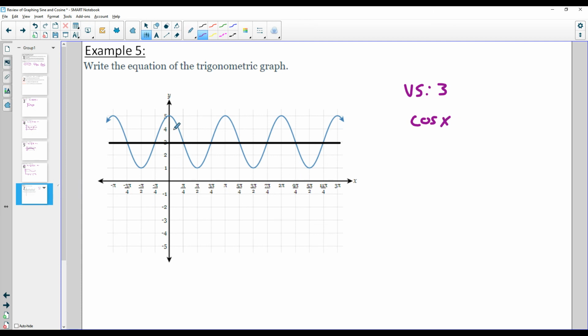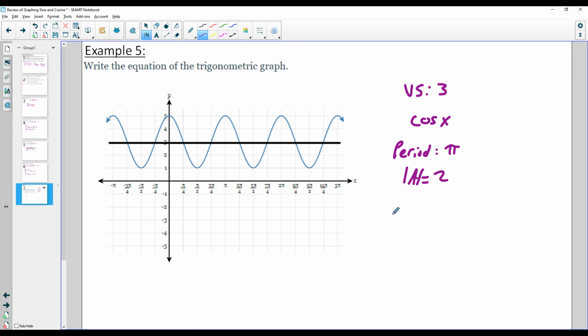What else do we know? After one period, we are at pi, so the period is pi. And then we know the amplitude is 1, 2, because we go 2. So the amplitude is 2. But we have to be careful here, because our period is pi, right?